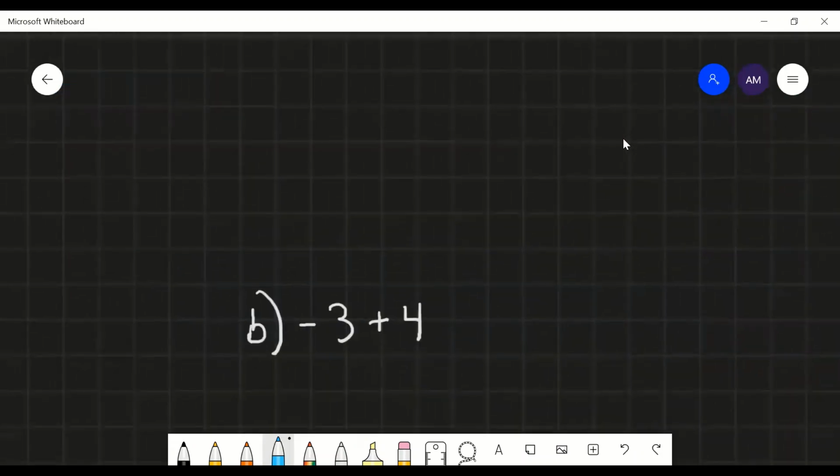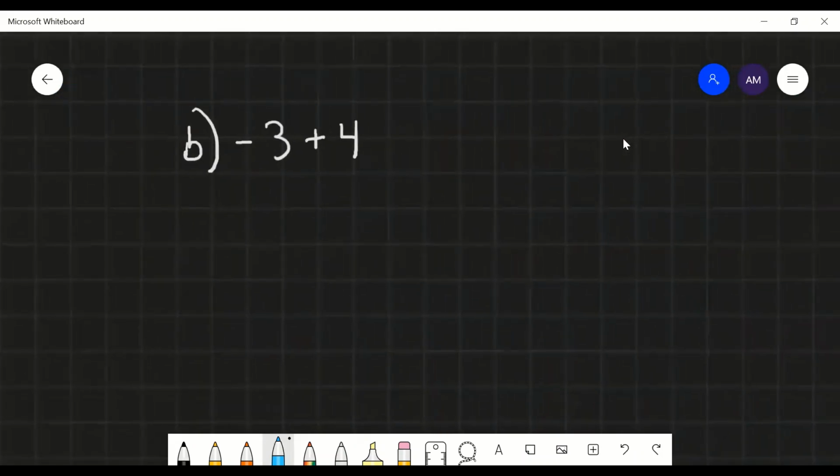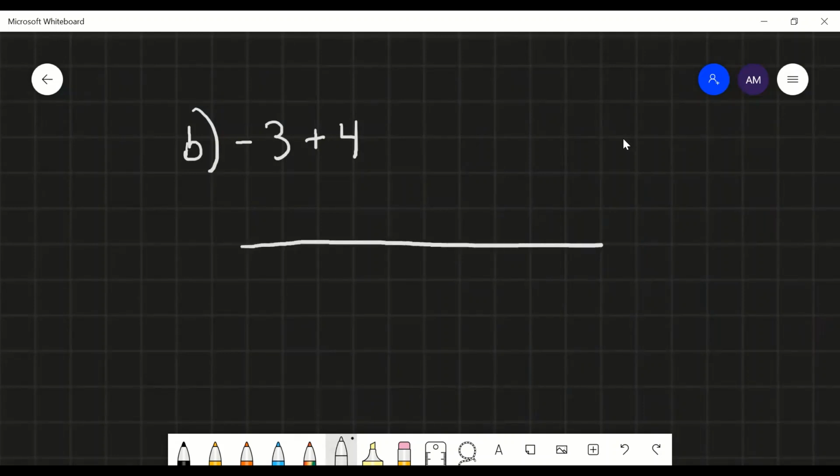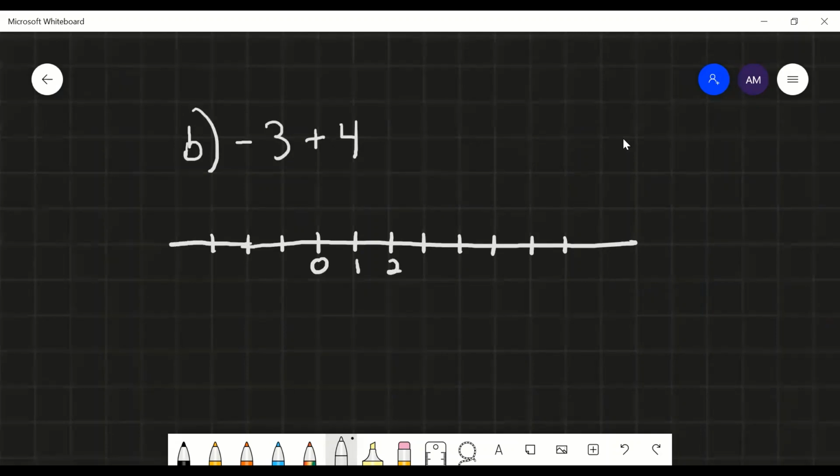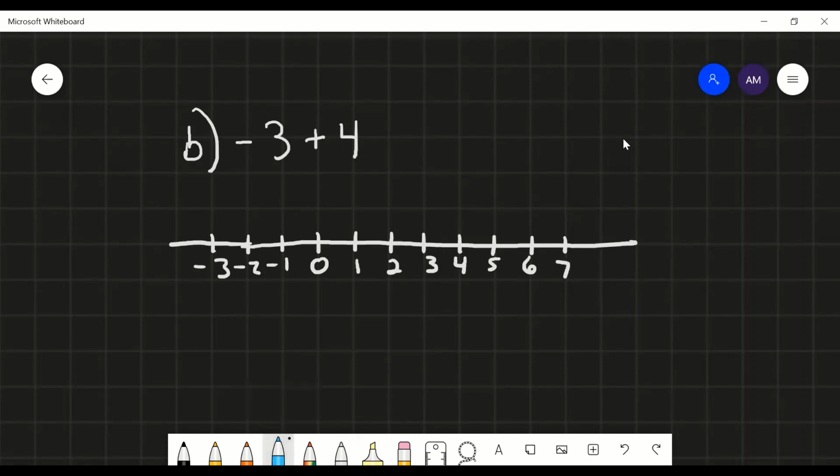Is that always the case? Well, let's try with this one. You'll see that they behave a slight bit differently. So let's begin.